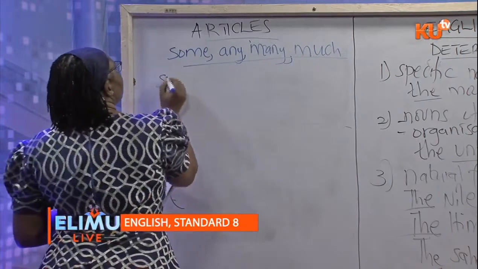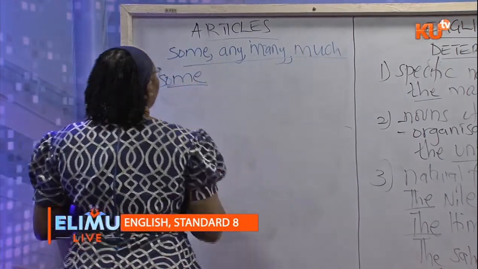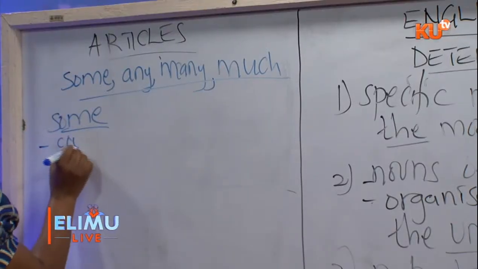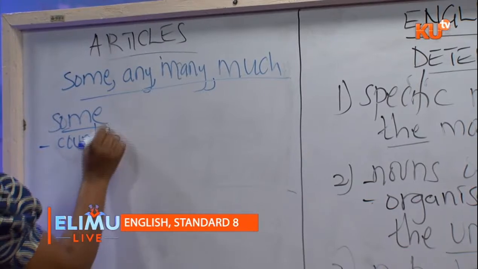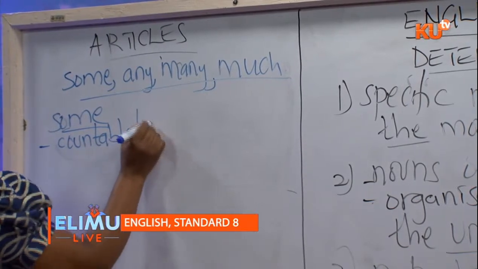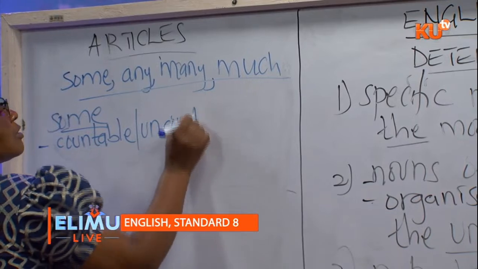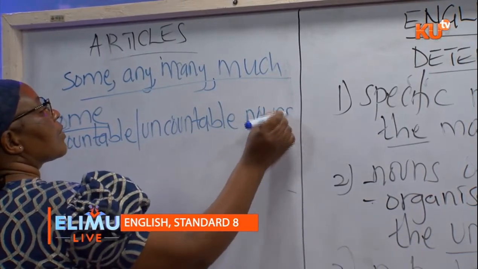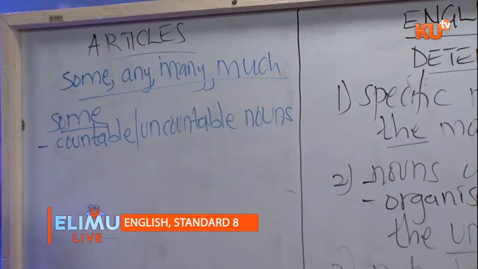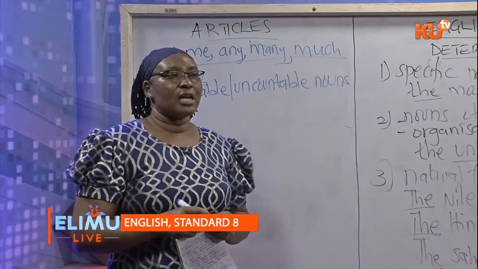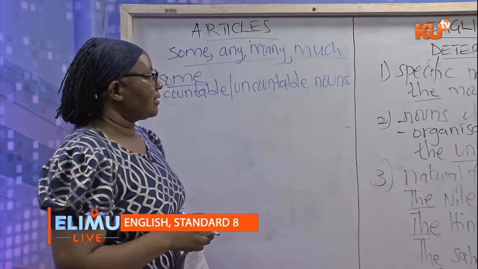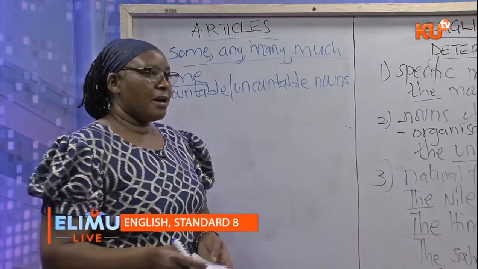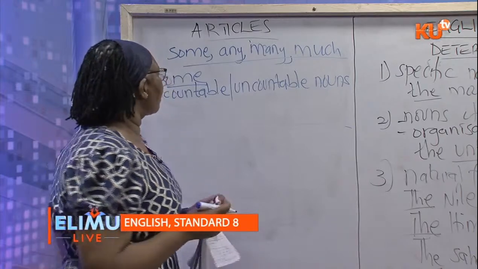We look at the first one, which is some. The word some is used with countable and uncountable nouns. Countable nouns are nouns that we can count, like we had the first examples, like a book, a pencil, a boy, a girl, a stone.